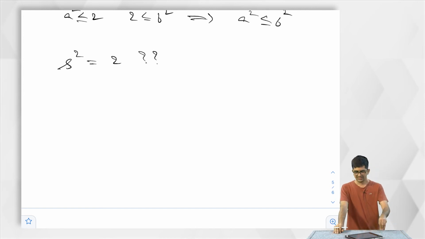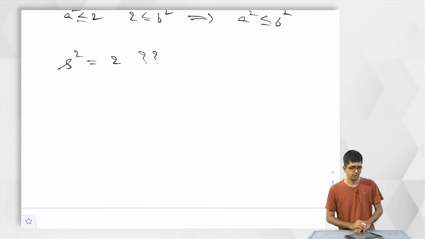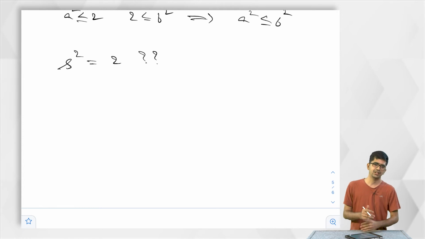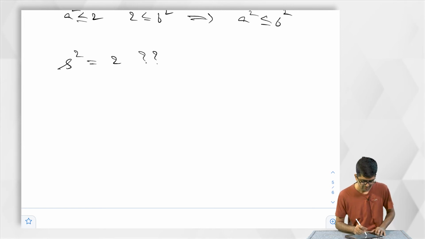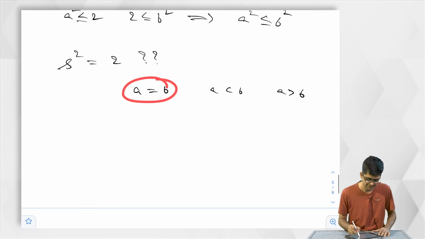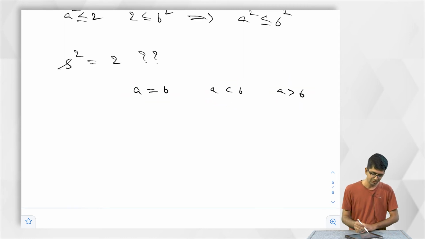Now S is an element of R, S square is also an element of R. The total order property says, for any two elements A and B, exactly one of the following occurs: either A equal to B, or A less than B, or A greater than B. Think of A as S square and B as 2.